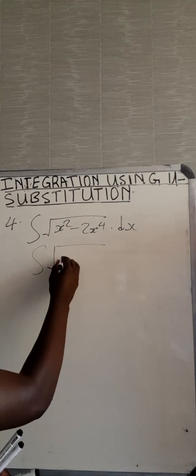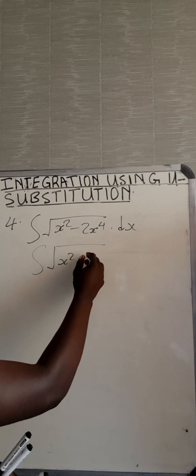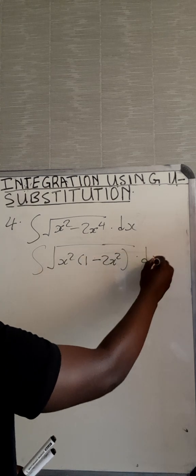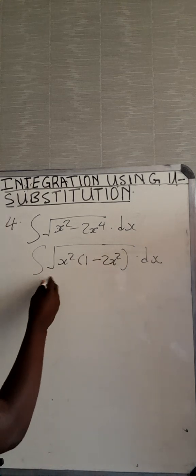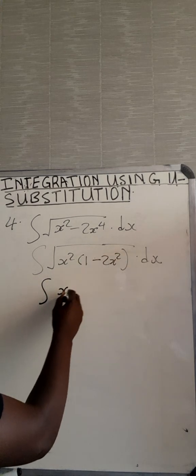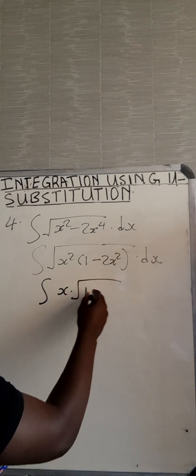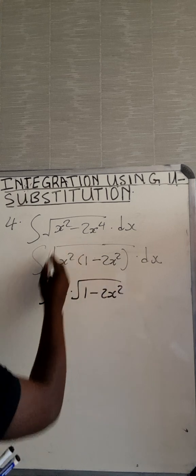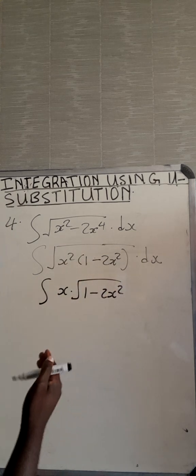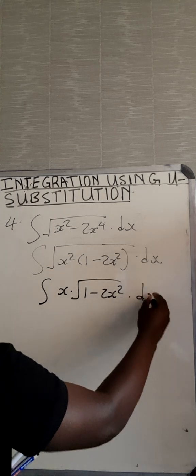We're left with 1 minus 2x to the power 2, then dx. So when you do that, we can use some power rules. This will be square root of x squared times square root of that one, which will be x times square root of 1 minus 2x squared, because square root of x squared is just x. So this is times dx.